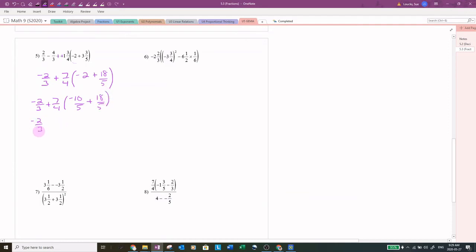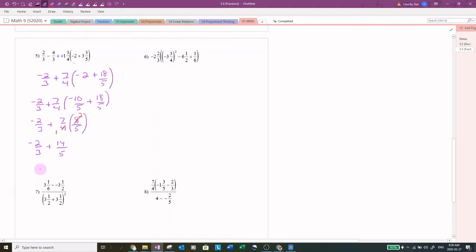Negative 2 over 3 plus 7 over 4 times, that's going to be 8 over 5. And now I've got to multiply this, but I can cross reduce, so that becomes a 1 and that becomes a 2. So this is negative 2 over 3 plus 14 over 5.